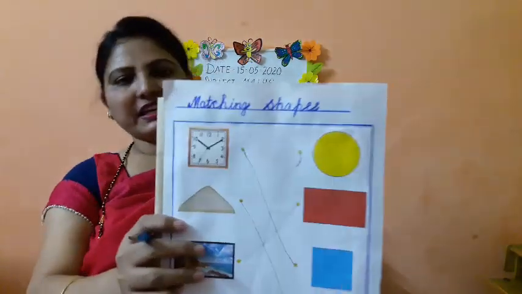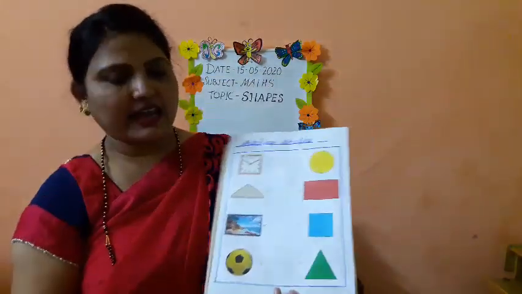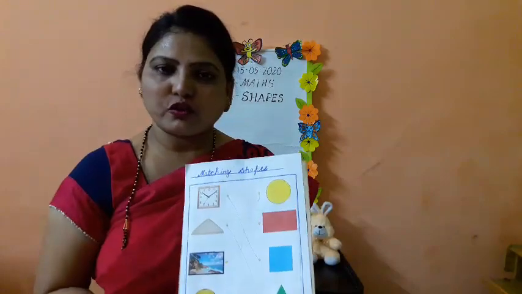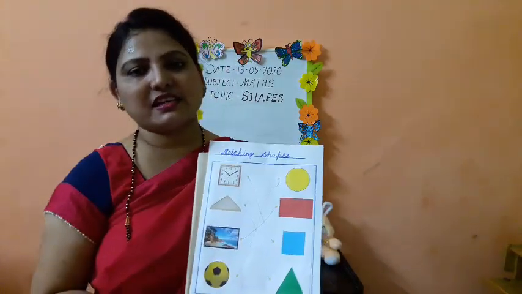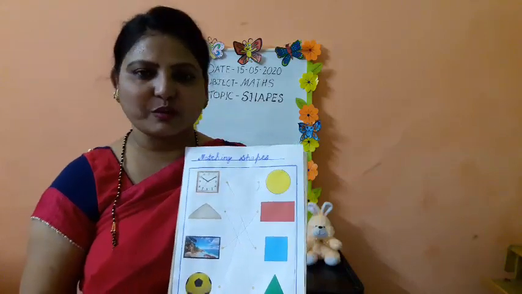Okay. You can see. So we have done this exercise, and you can do it at home also. Your mama will prepare it like this, and you will match and you will learn the shapes. Now children, we have learned 1 to 20 numbers, spellings, and the shapes.